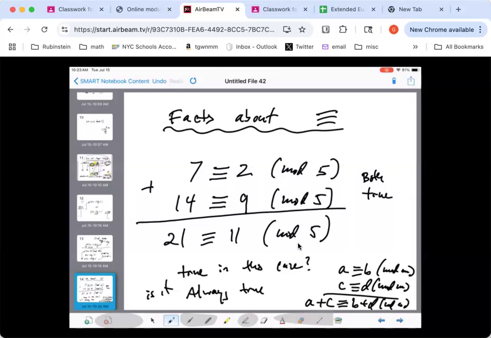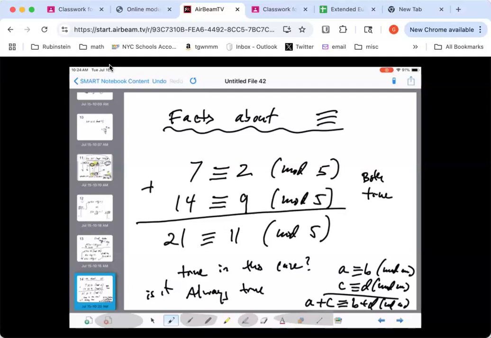Okay. But my question is, is it true in this case? Is it true that 21 is congruent to 11 mod 5? Let's start with that. You can type it into the chat. But the number before the mod is not always the remainder. It's a number that has the same remainder. That's right.